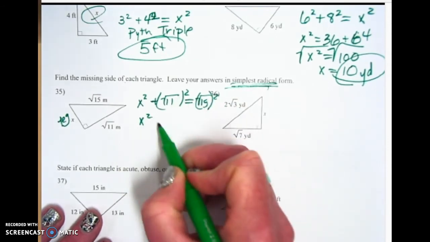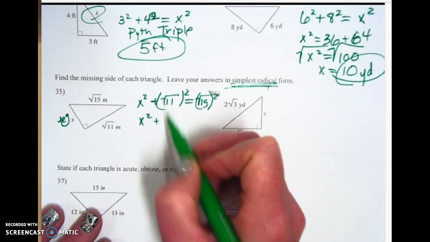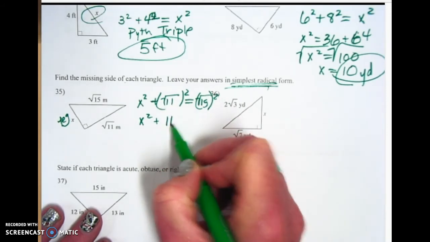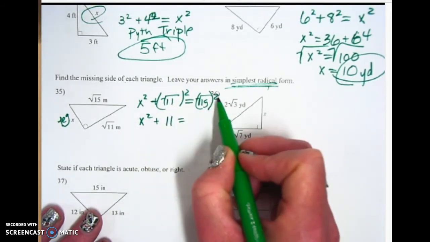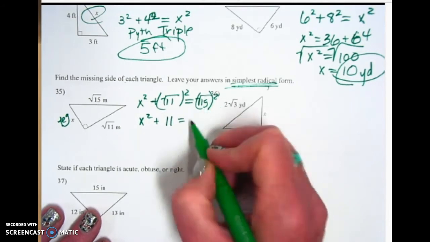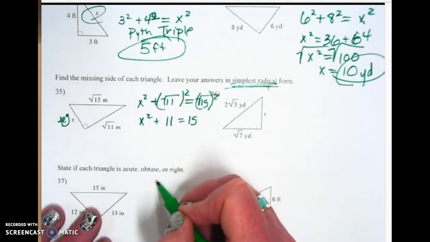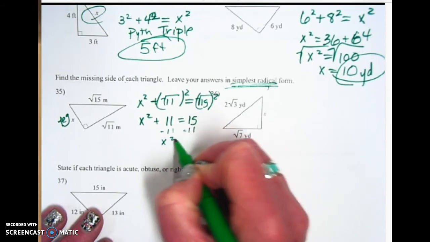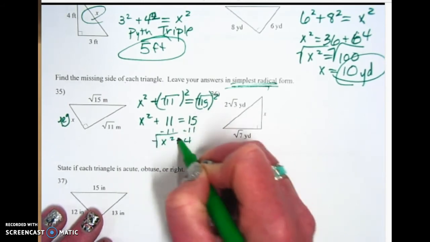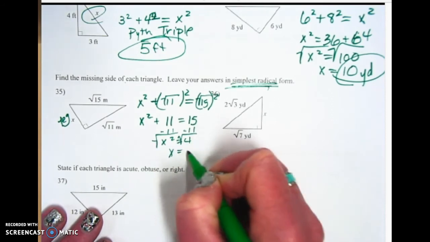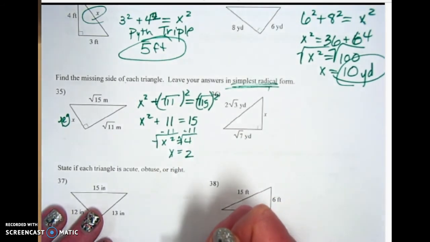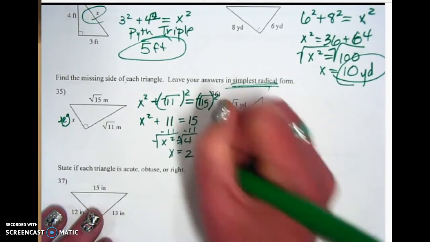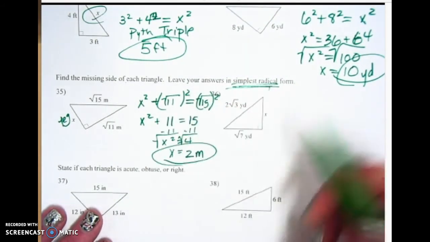So you can do this on your calculator, but anytime you're squaring something that's square rooted, it's just the number that's inside. Same thing here. Anytime you're squaring something that's being square rooted, it's just the number that's inside. So subtract 11 from both sides. You get x squared equals 4. Take the square root, and you get x equals 2. And this one was measured in meters.